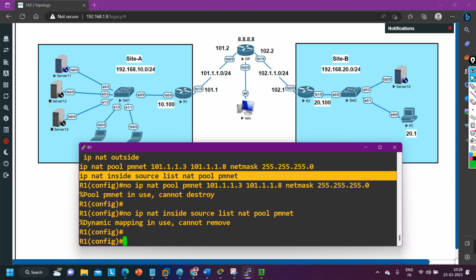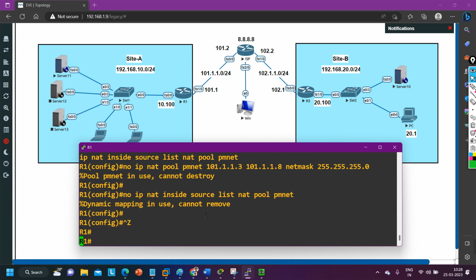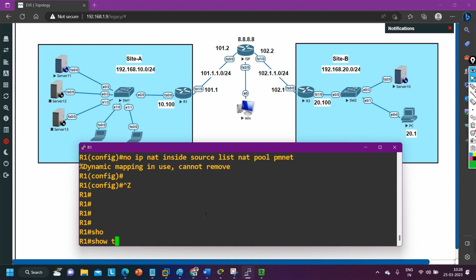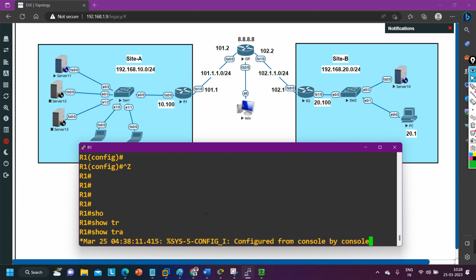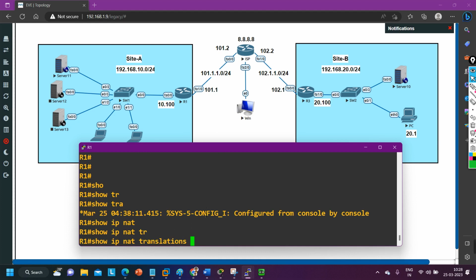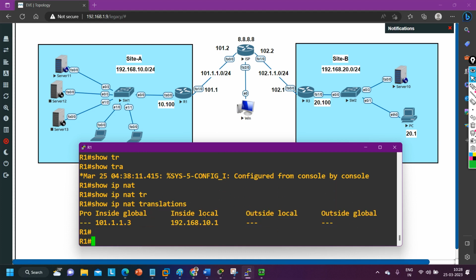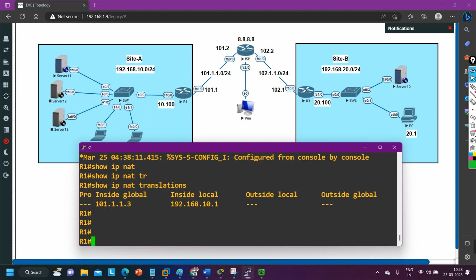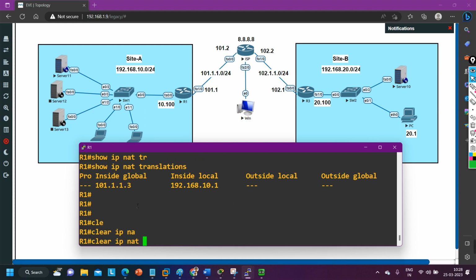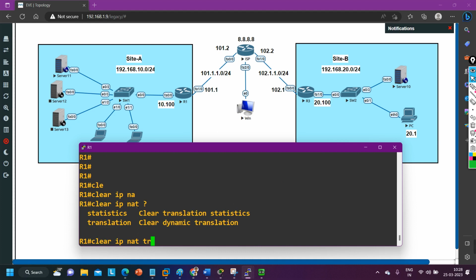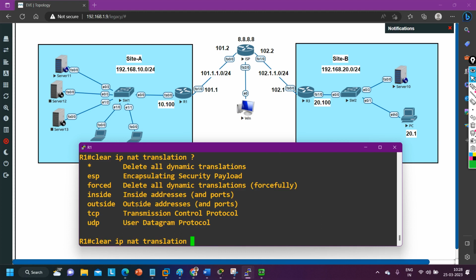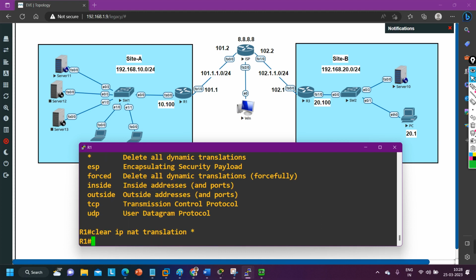Okay, what I can do, I can reload this device, yes or no. No, reload is not the solution. So show ip nat translation. Okay, so the entry is there, clear ip nat translation star.